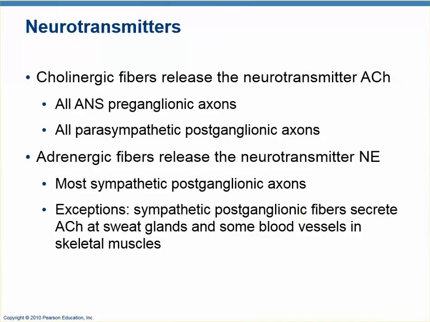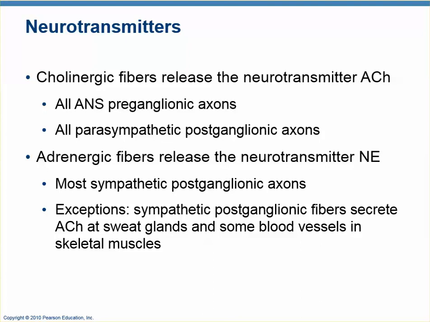So the neurotransmitters. Anything that releases acetylcholine is a cholinergic fiber. So that's all the preganglionic axons, all the parasympathetic postganglionic axons, and all of the somatic motor neurons.